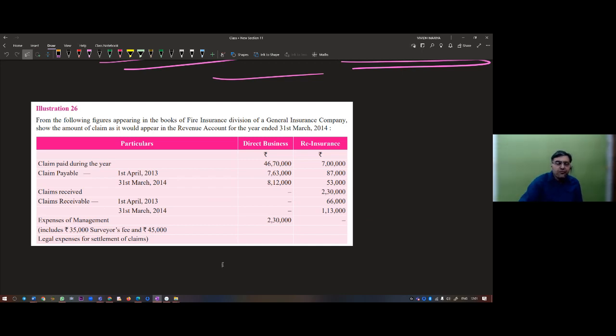You have to find the claim expense. Here you will get the figure on accrual basis. And then you have to add this. Answer will be ready.